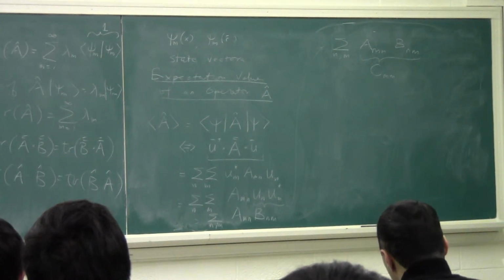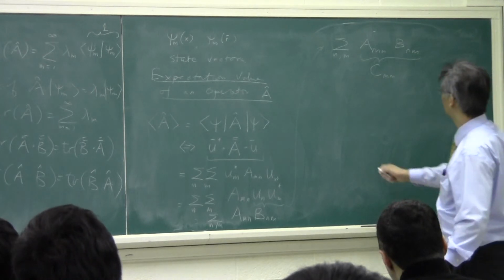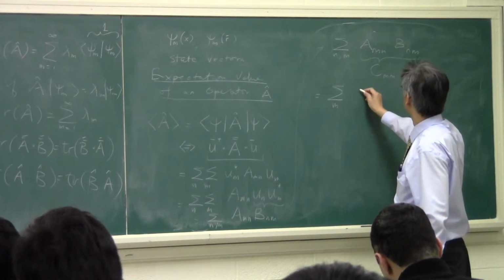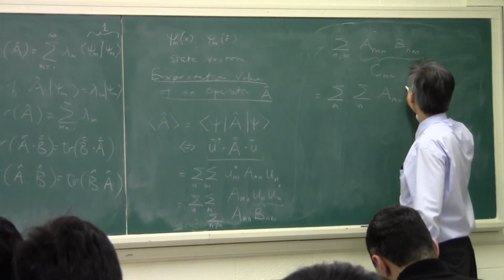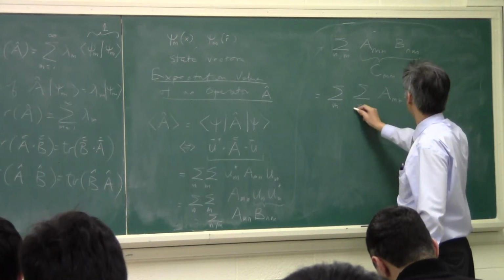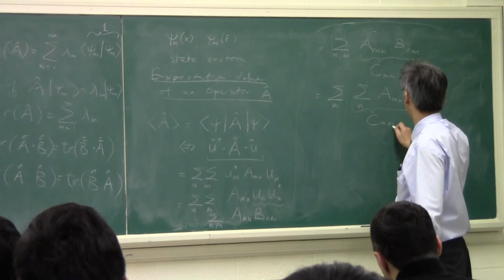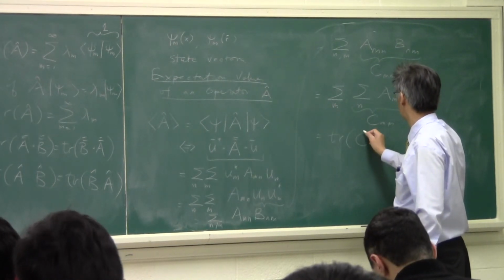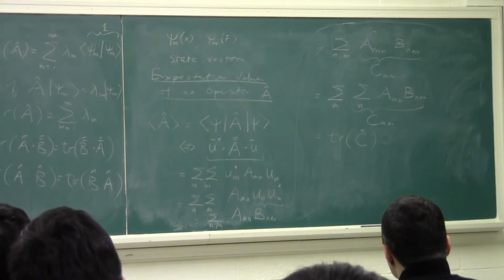That is just the diagonal element of the matrix C, right? So if you write this in this manner, if you sum over n first, this actually gives you C_MM, so this is like the trace of C. Okay, that is like a trace of C.